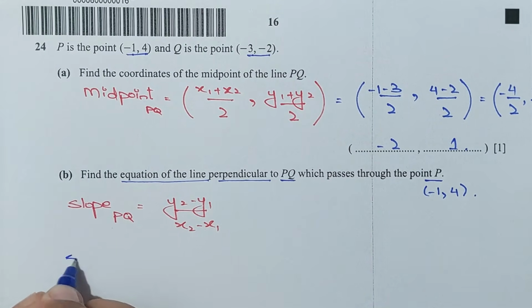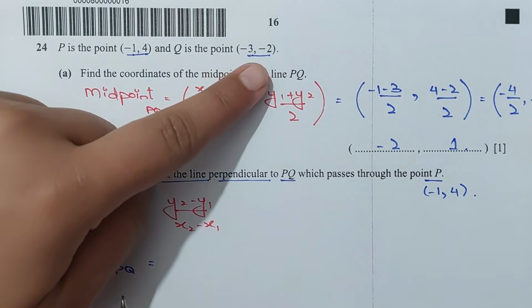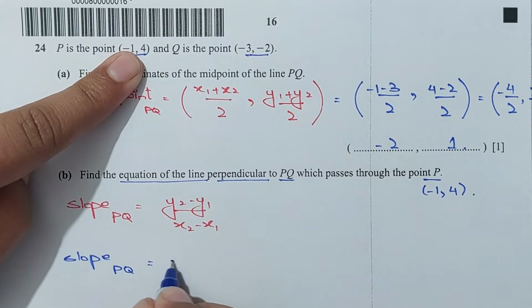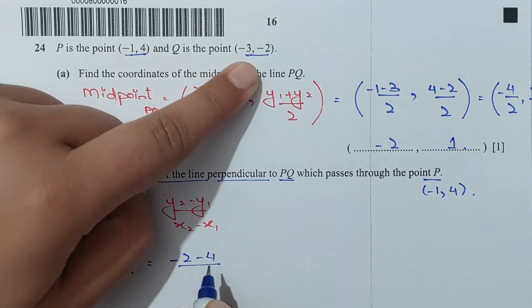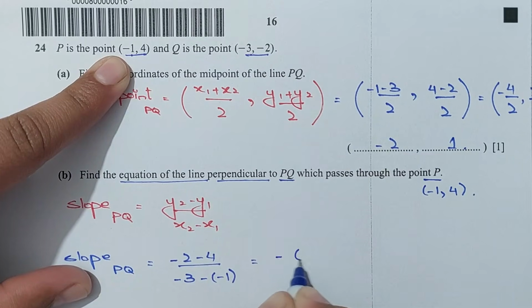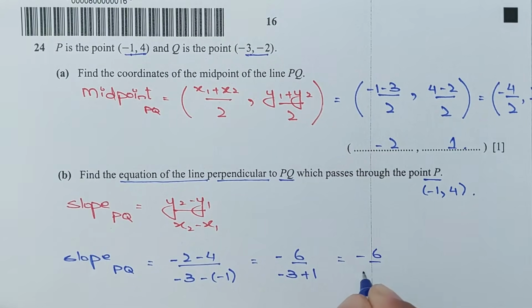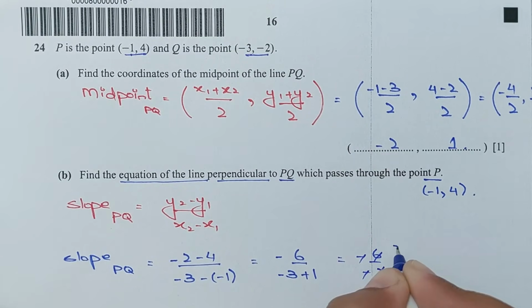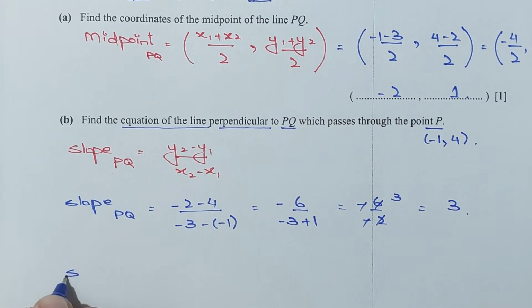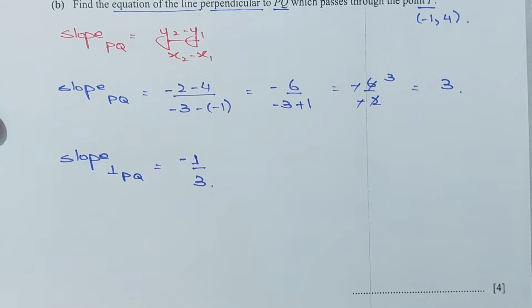So y2 is -2 and y1 is 4: -2 - 4, divided by -3 - (-1), which is -6 over -3 + 1, so -6 over -2. Negative is cancelled with negative, 2 times 3 would be 6, so the slope is 3. Now the slope of the line perpendicular to PQ is the negative reciprocal of 3, which is -1 by 3, right?